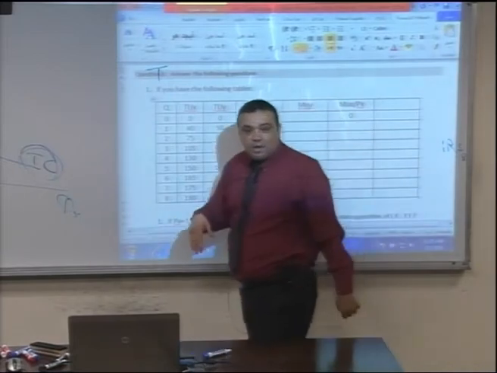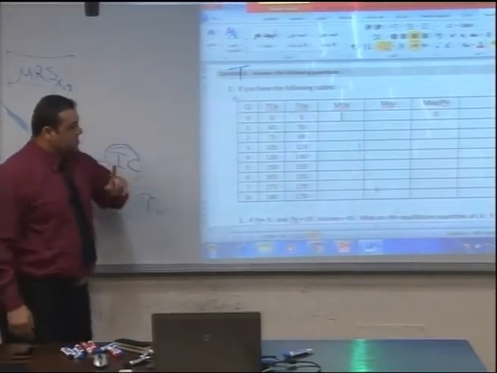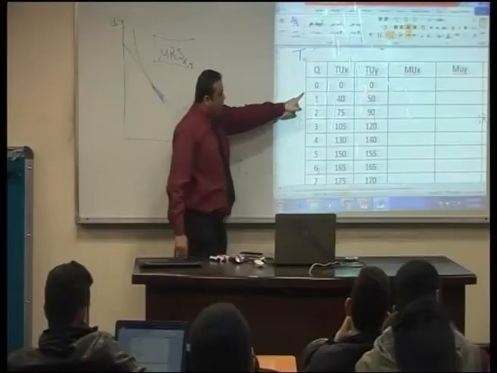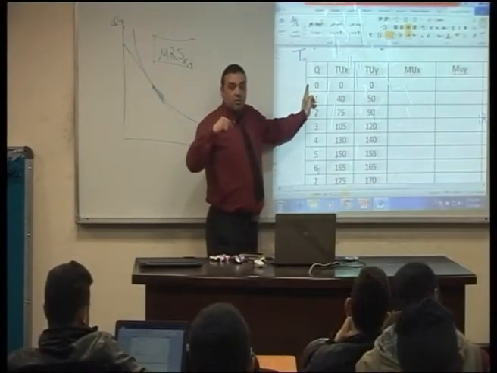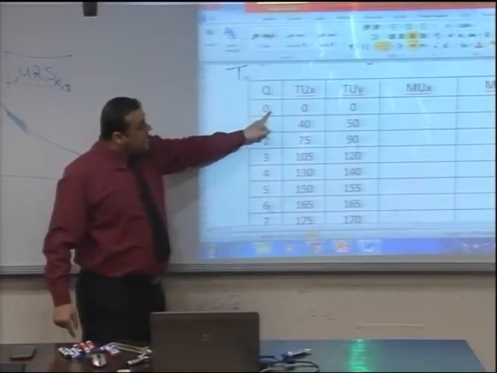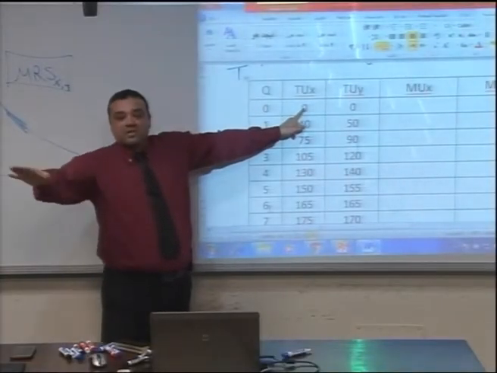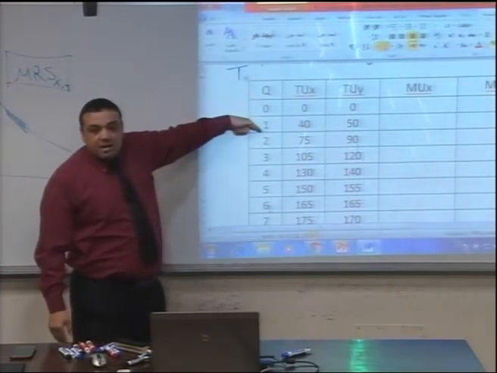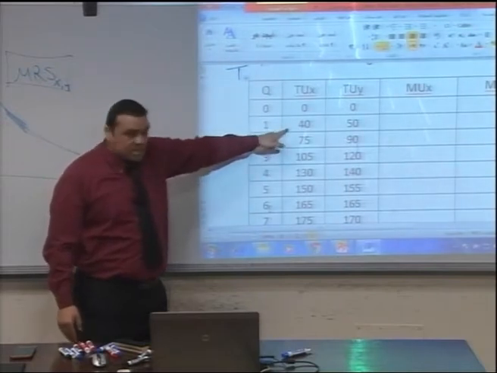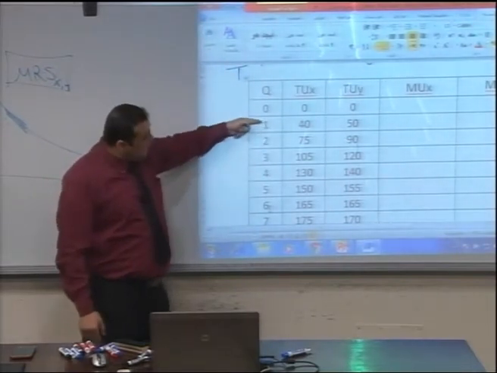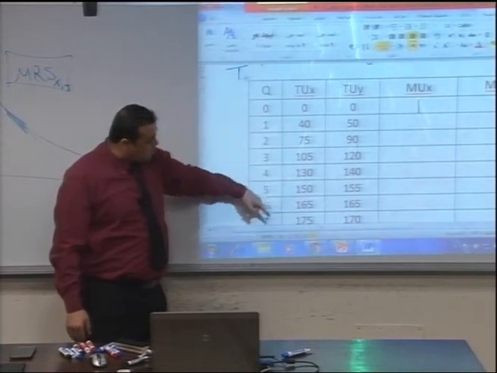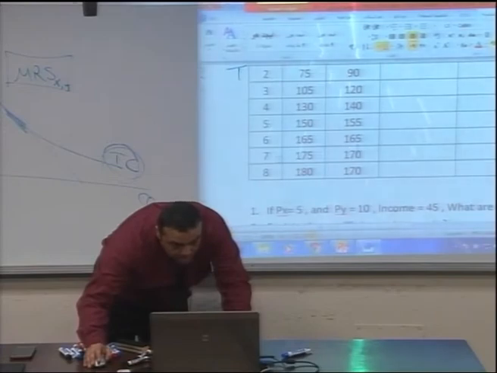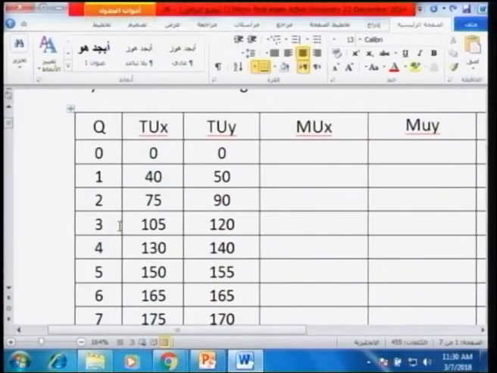When Ben consumes 0 units of x, he obtains 0 total utility. Adding 1 more unit of x, the total utility obtained of x equals 40 utils. Adding 1, what do you see? The total utility increases until 7 here, and until 8 here.